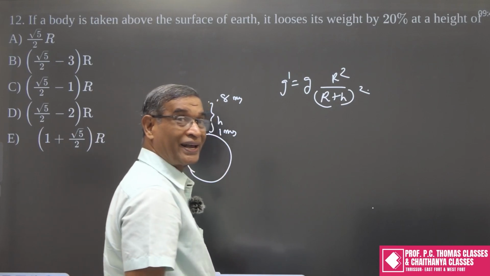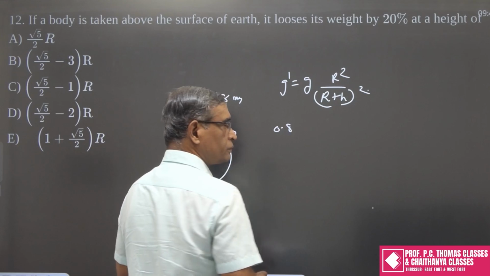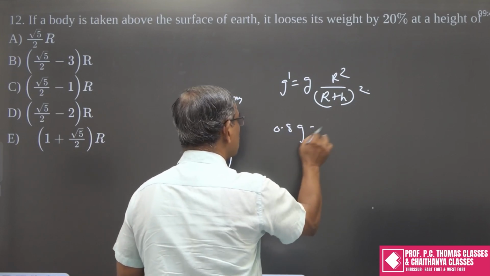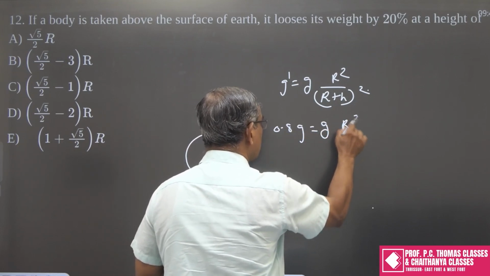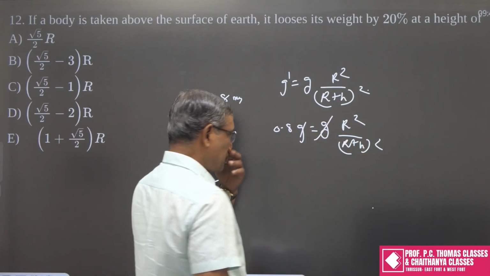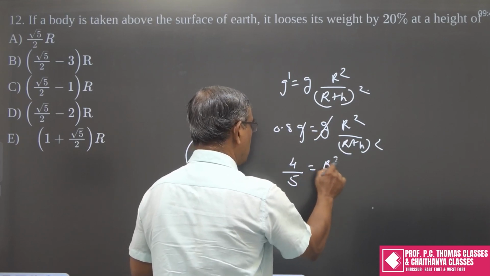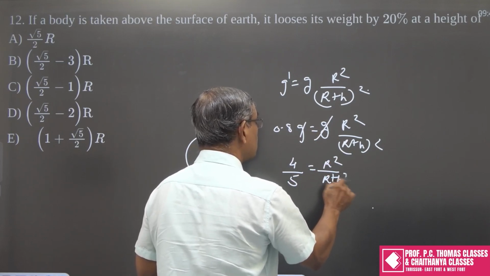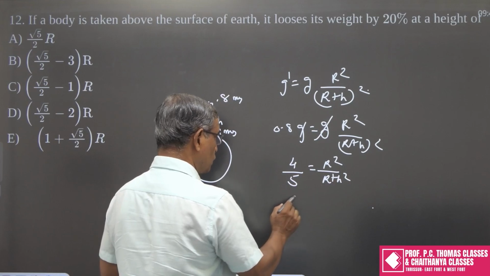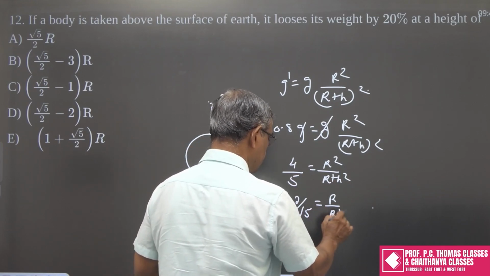That is 0.8 g. 0.8 g is equal to g into R squared by (R plus h) whole square. You cancel out g. 0.8 means 4 by 5, equal to R squared by (R plus h) whole square. Take root on both sides: 2 by root 5 is equal to R by (R plus h).